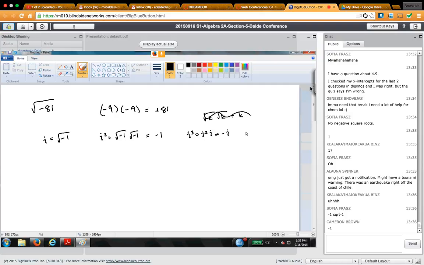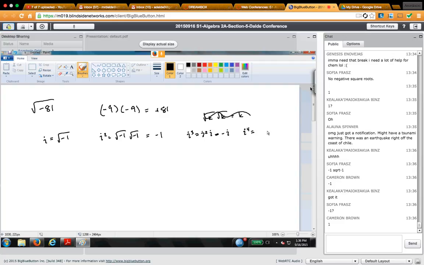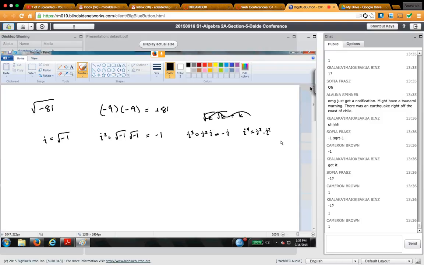There's a bunch more, but i to the fourth power. What is i to the fourth power? It's i squared times i squared. Agreed? I squared is negative 1. So really I'm dealing with negative 1 times negative 1, which is positive 1. Very good. What's i to the fifth power?